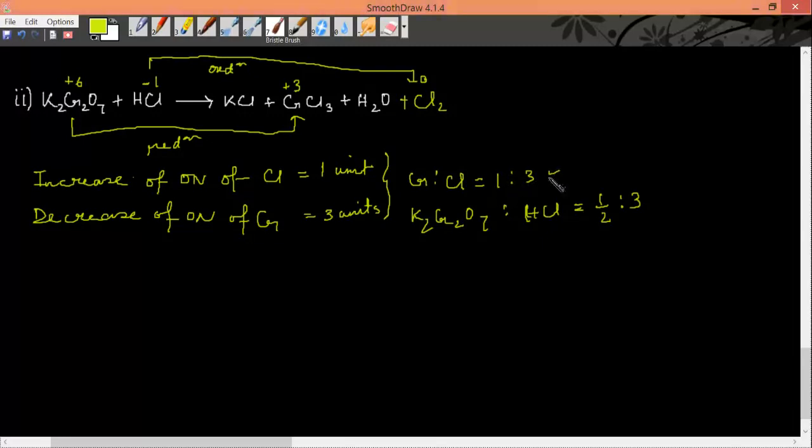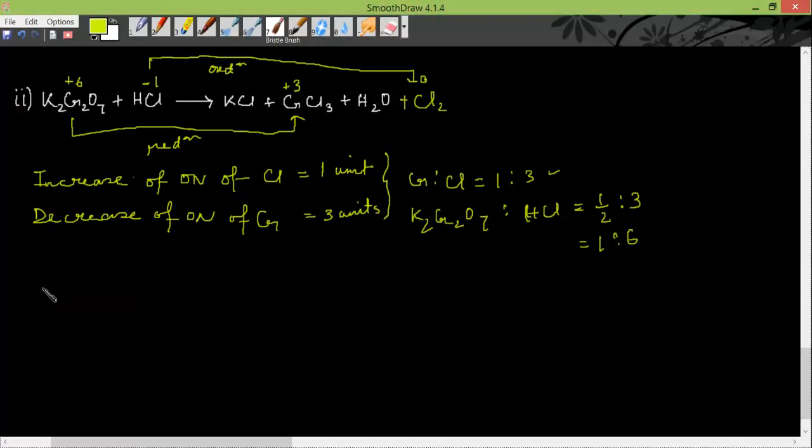This is the main ratio, this should be constant. So for 2 chromium we need half the ratio, and for 1 Cl it remains the same, that is 3. Now it can be written as 1 to 6, just multiply 3 by 2. Okay, this is the ratio of the reactants.